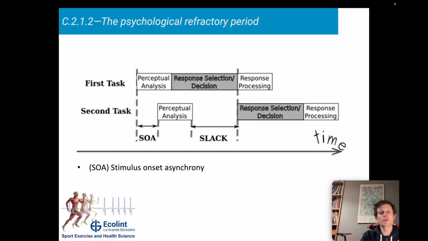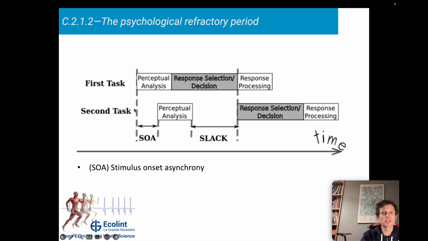We can see in this diagram here a graphical representation of the psychological refractory period. What we can see here is the presentation of the first task or the first stimulus. Obviously, it's going to take a little bit of time to perceive that stimulus, and then we go into the response selection phase. This is the decision-making process.